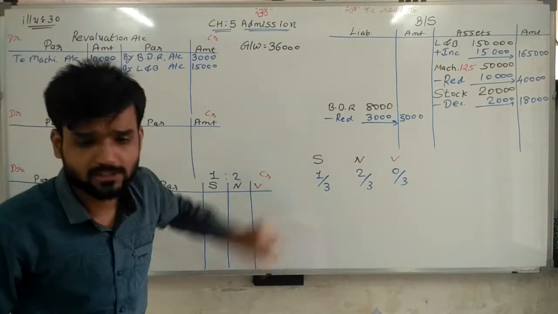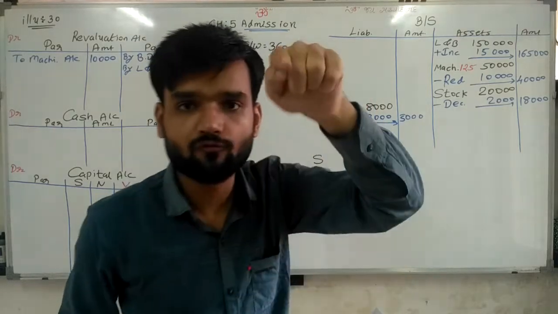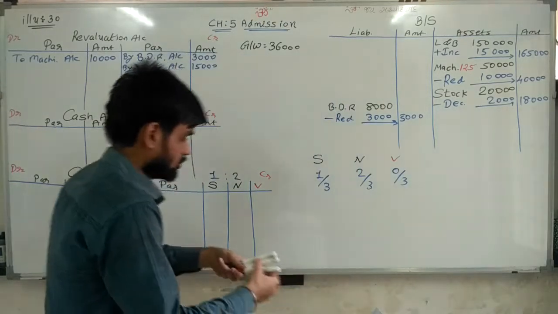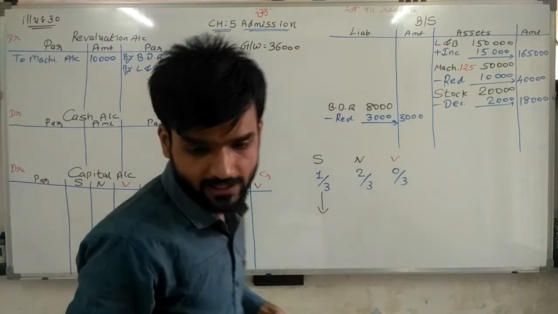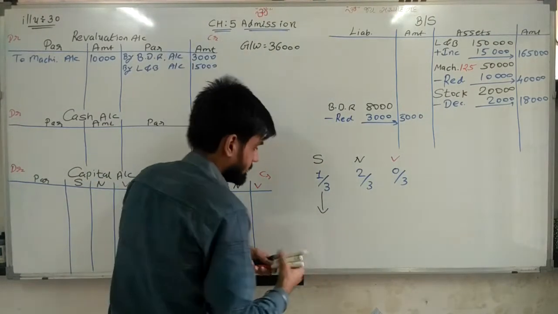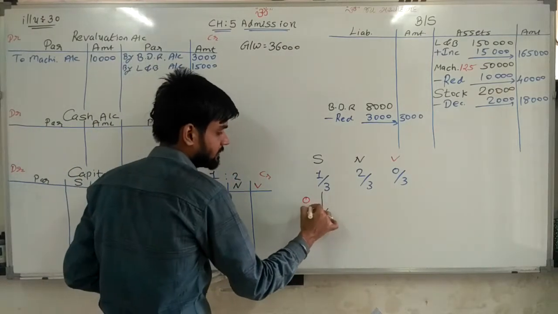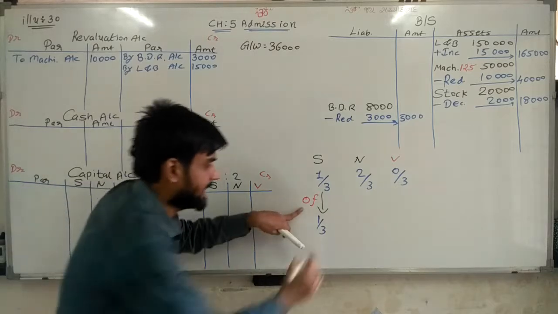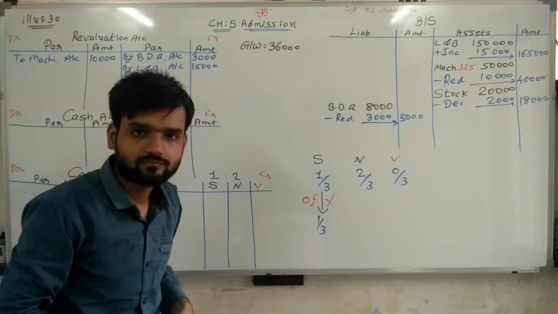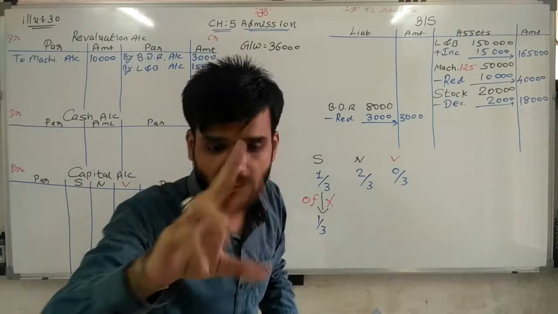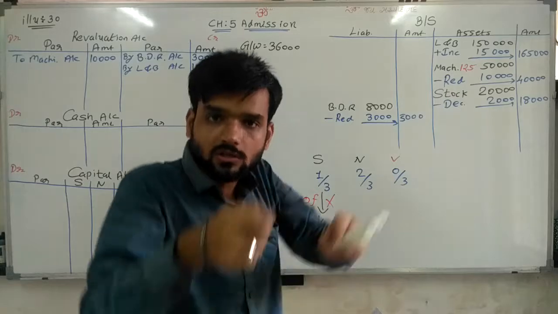Now the first partner, Shivani, sacrificed 1/3 of her share. So Shivani sacrificed 1/3 of her share. So 'of' means first multiply then give. And the second one, Neeraj sacrificed 1/3 share for Vijay.